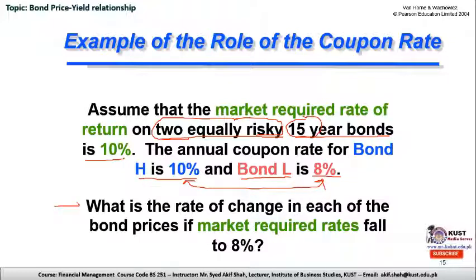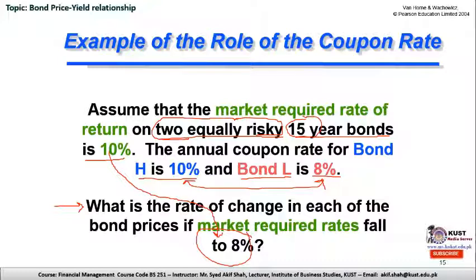Therefore, the question asks us what is the rate of change in each of the bond prices if the market required rate of return falls to 8%. Previously, this market required rate of return was 10%, and now it has fallen to 8%.